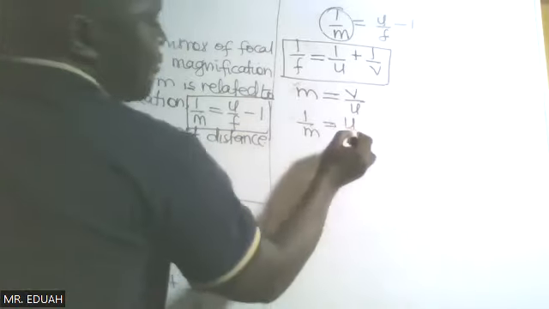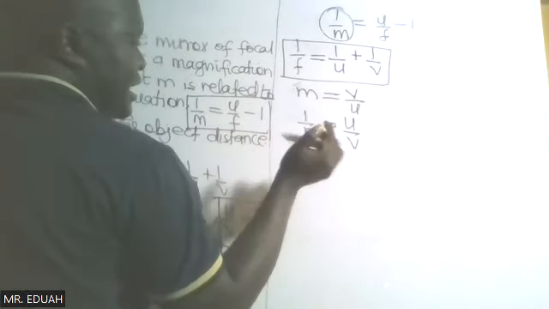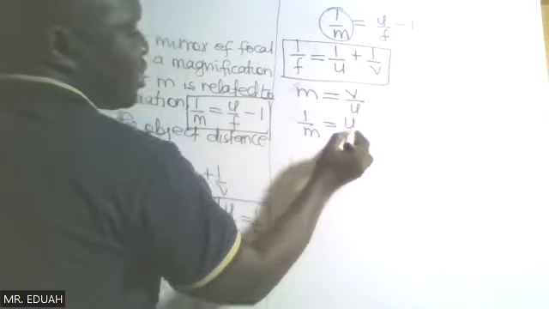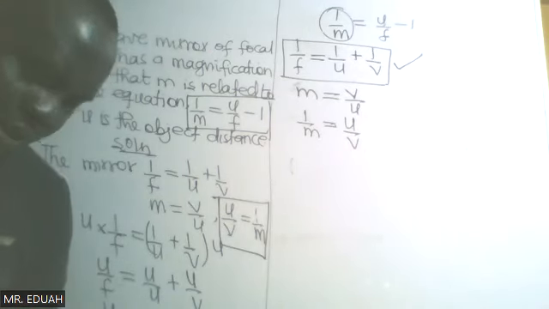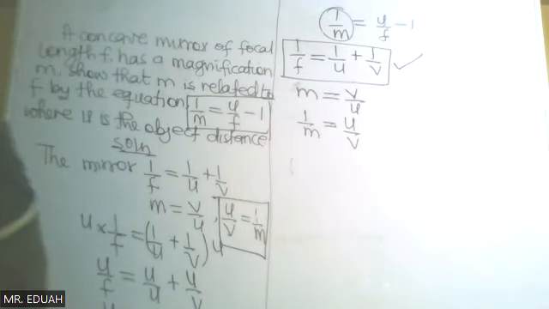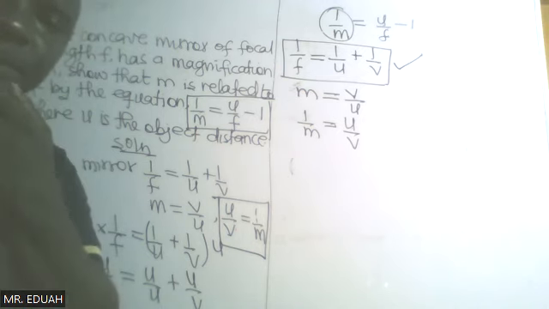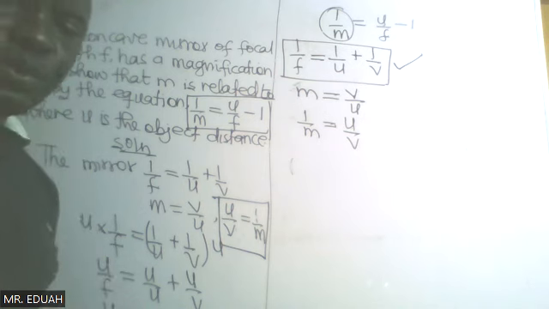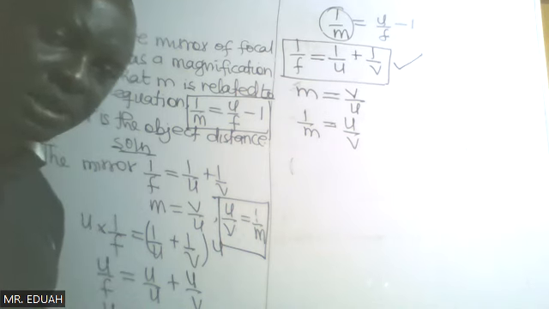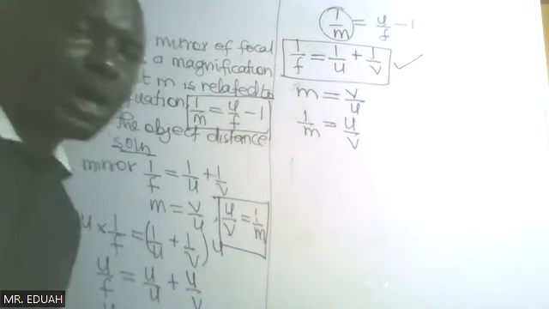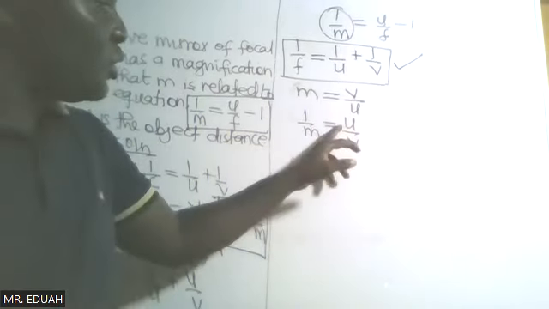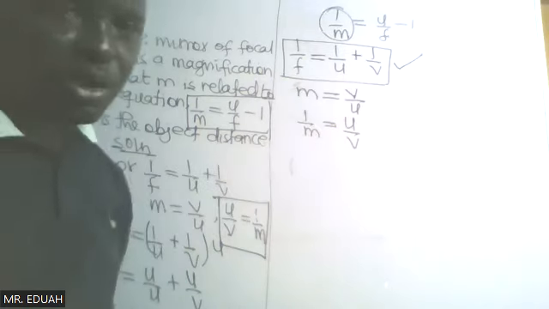So to have U over V in this, Hilda, what do we do? In order to have U over V in the equation, in the mirror formula, what do we do? Hilda, what do we do? Let's be quick in our response. To have U over V in the mirror formula, what will you do?